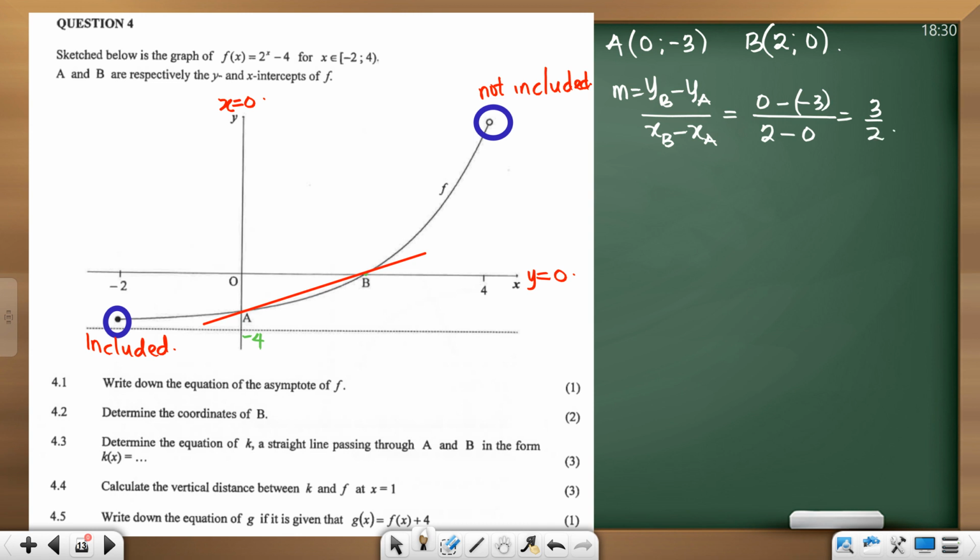Makes sense. Now, what do we know? y equals mx plus c. There's no need. What is your y-intercept? -3.